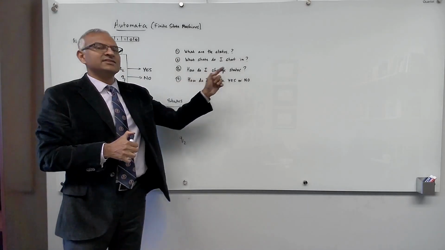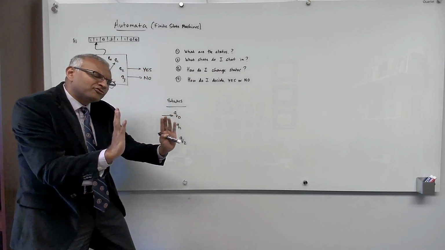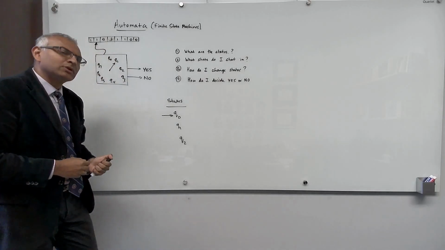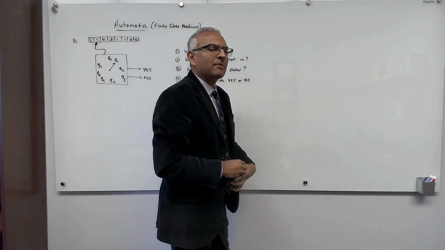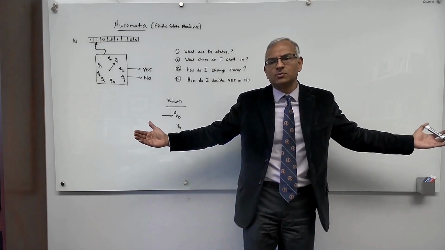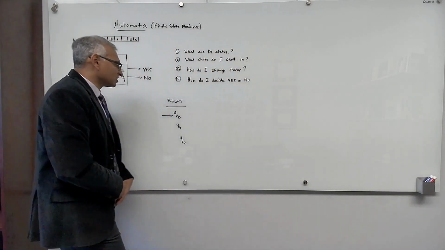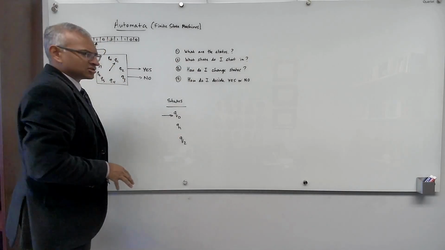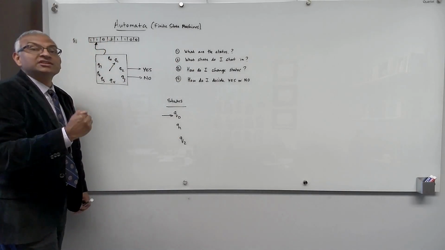Now, how do I change states? Now, the most beautiful way to represent the mechanics of changing states, what you can think of as my machine instructions, what's the instruction set that I'm going to operate with respect to? What's the instruction set that I'm going to use? Okay, the most beautiful way of representing the machine's instruction set is using a directed graph.